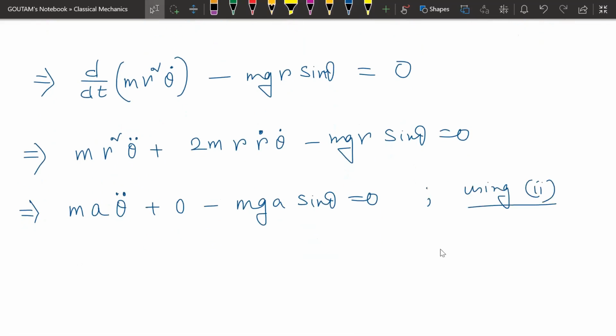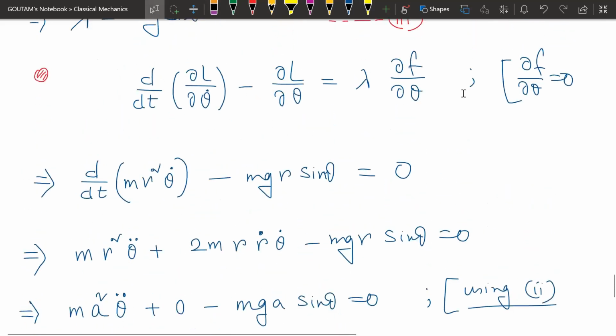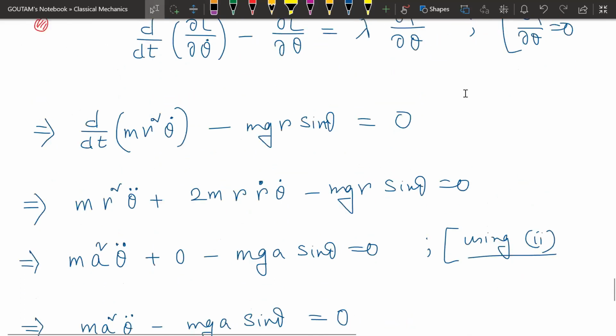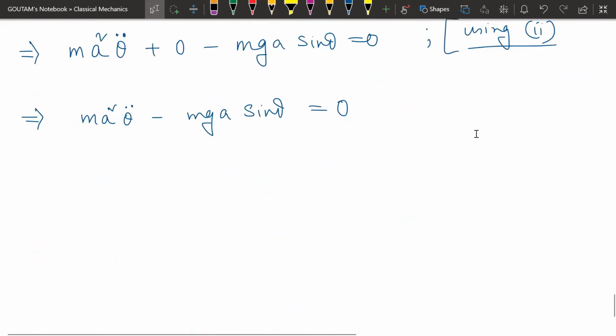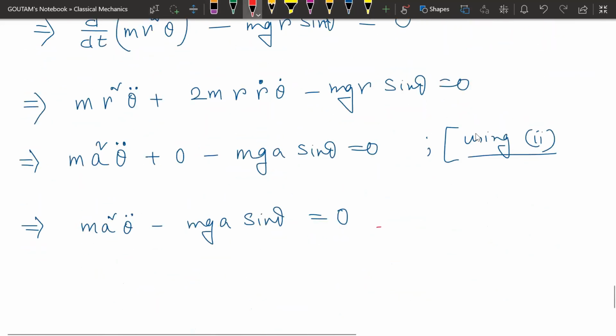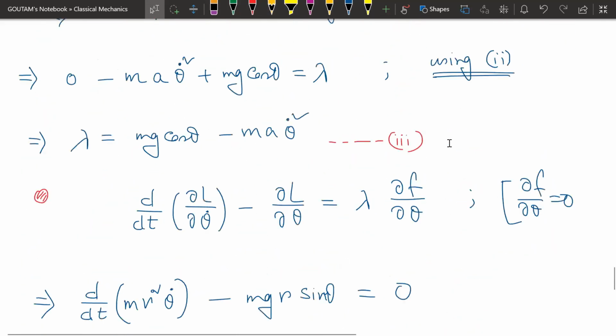So we have now m a square theta double dot minus mga sine theta equals to 0. Let's call it equation 4. So these are the two equations of motion we have. So let's solve it.